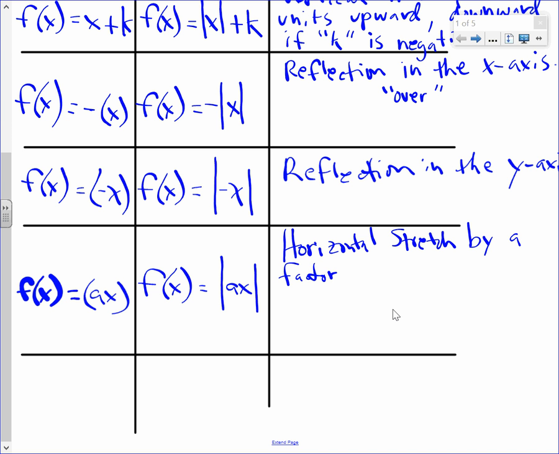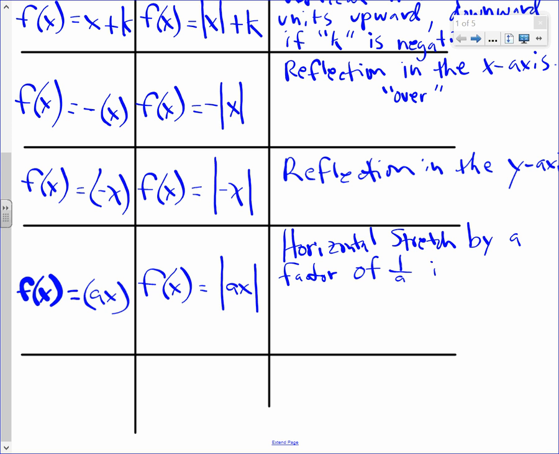So we're on the second to last one. Horizontal stretch by a factor of 1 over A. Whatever that number is, A is a factor of 1 over that, and I'll explain that tomorrow. Right now, you just follow directions. It's going to be by a factor of 1 over whatever that number A is. And I'll go over that right now.